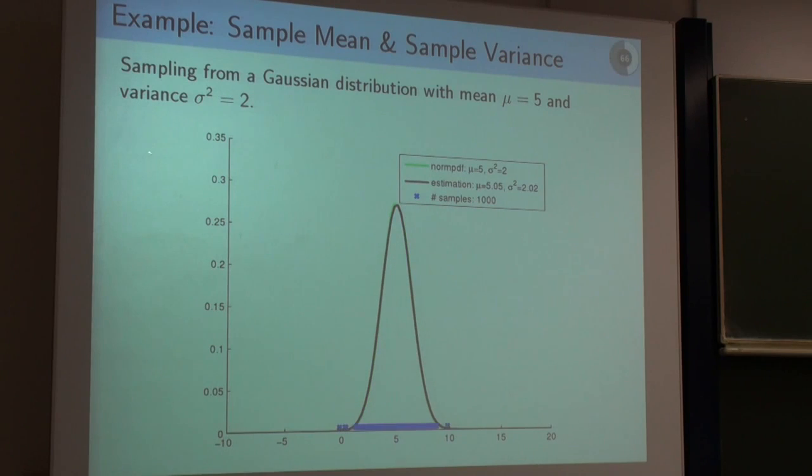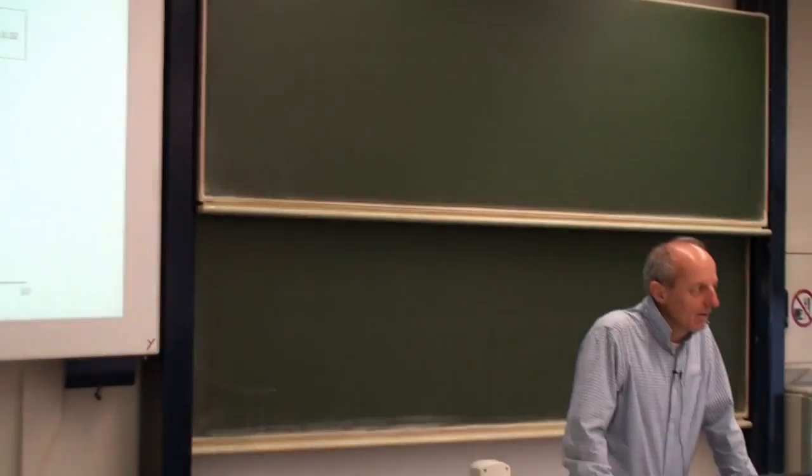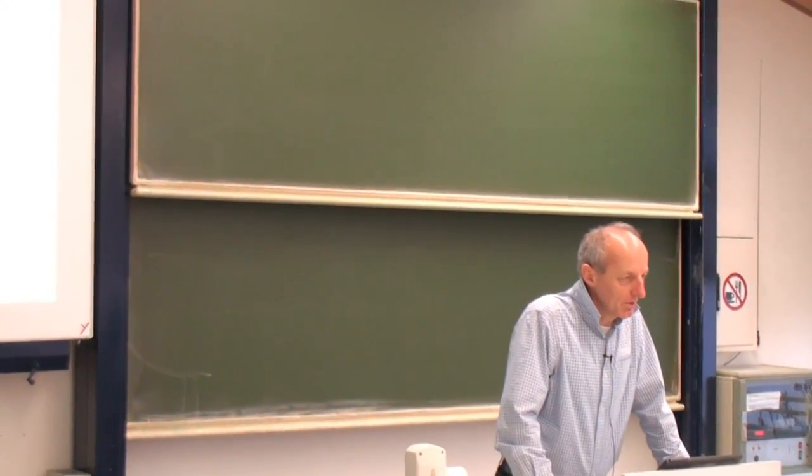And if we take even more samples, if we take 1,000 samples, then you see we get a very good estimation. And that's because we use unbiased estimators. So you have seen that it's actually trivial to estimate a normal distribution.